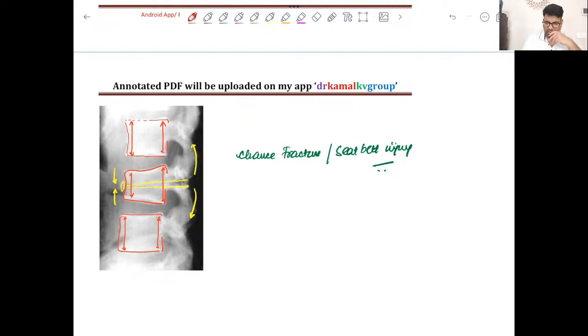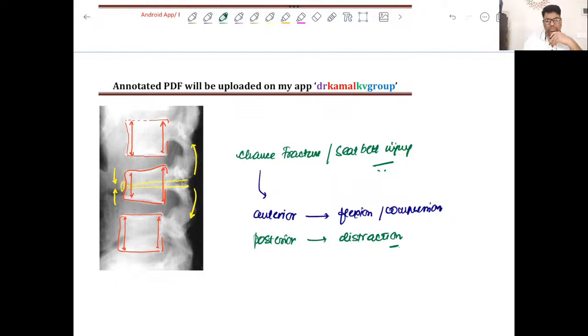So if someone asks about the mechanism of injury, anteriorly there is flexion, or you can say compression, right? And posteriorly there is distraction, right? And this explains the mechanism of injury, in fact. So flexion, distraction, injury, right?